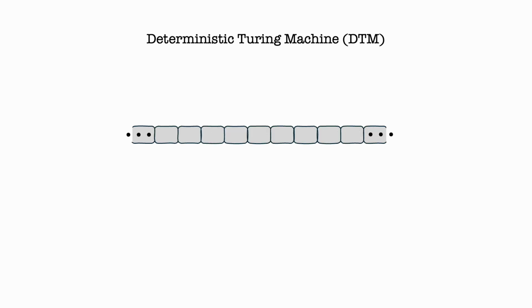A deterministic Turing machine or DTM consists of three main components: a tape, which is a two-way infinite sequence of tape squares, each holding a symbol; a finite state control or the brain of the machine; and a read-write head that scans and modifies tape symbols.